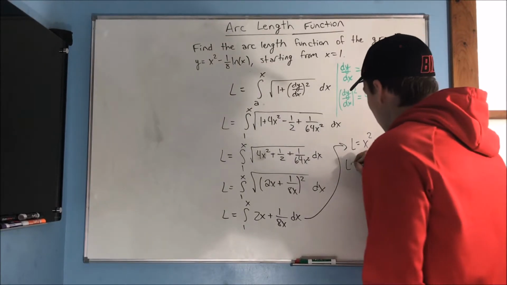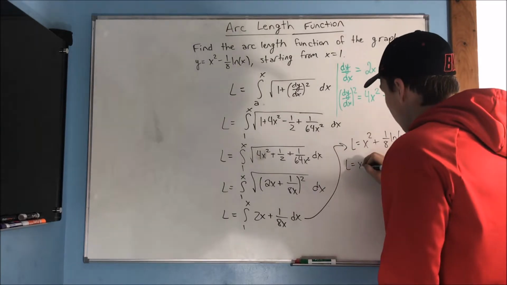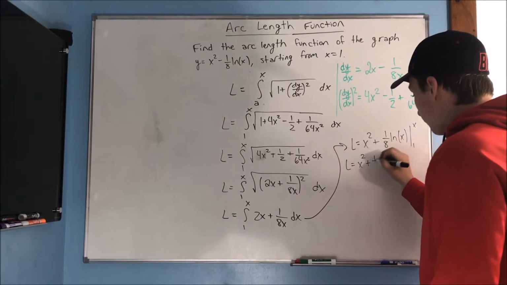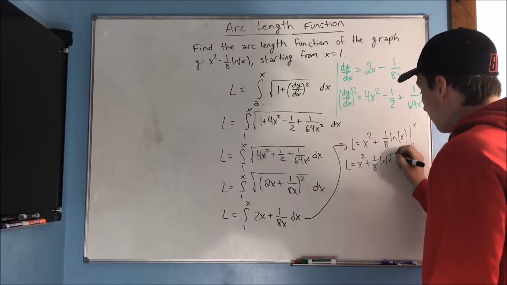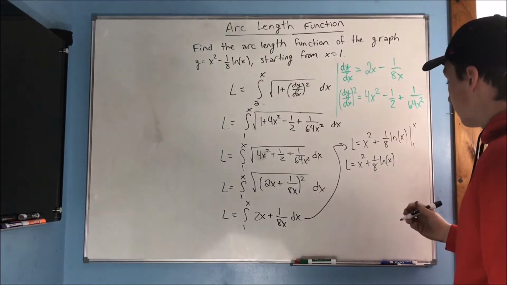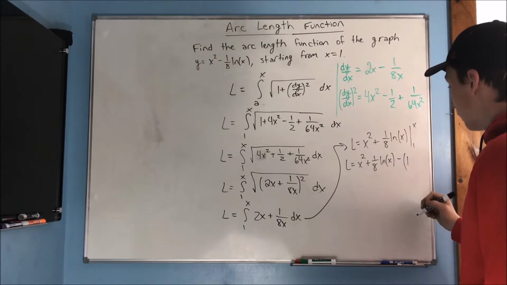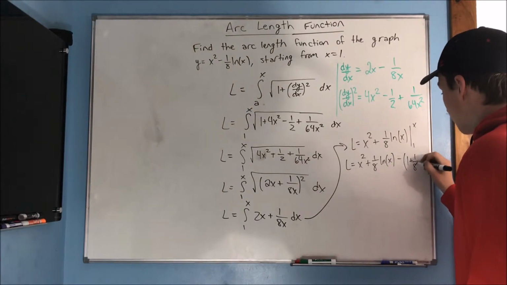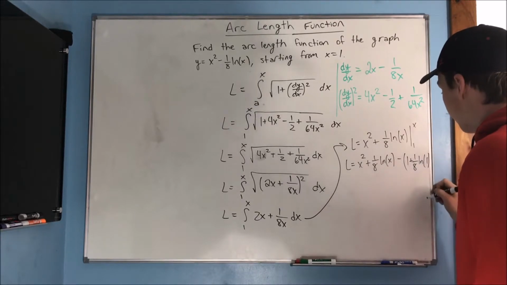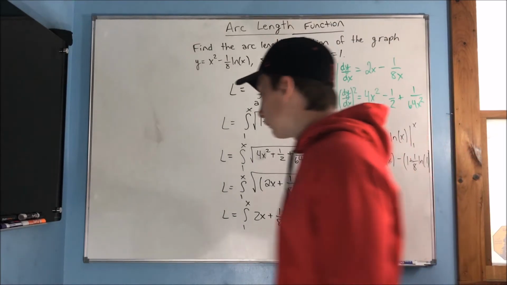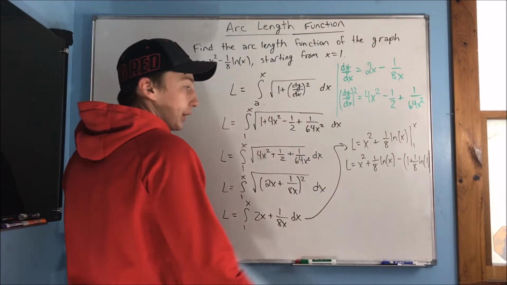So we do our evaluation step. The arc length is equal to x squared plus 1 over 8 natural log of x. And now we're going to plug in 1. So we'll get minus 1 squared, which will be 1, plus 1 over 8 natural log of 1. Now we know that natural log of 1 is going to be 0, and we just have that 1 there.